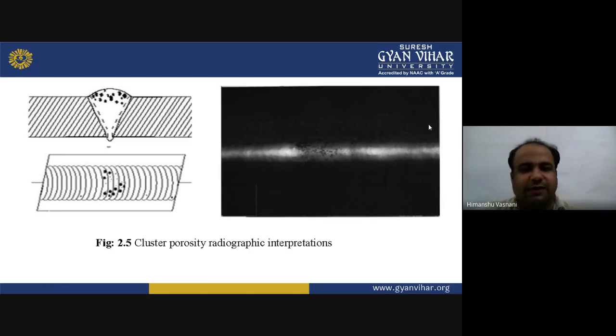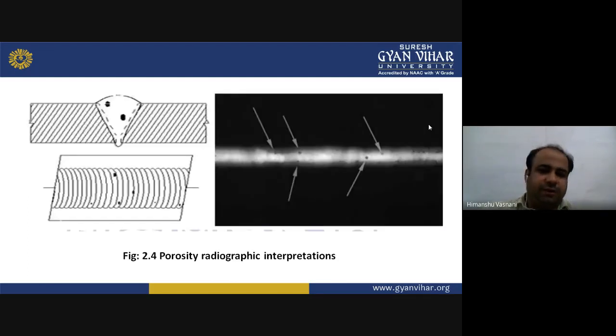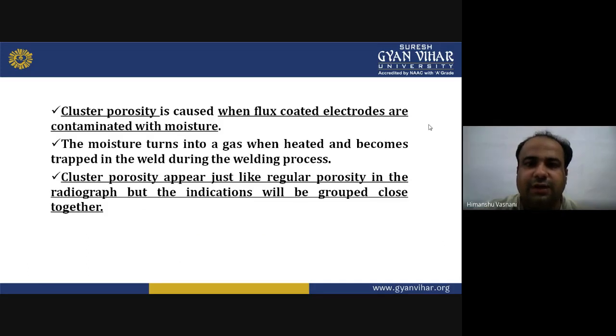This is also gas entrapped at the welding zone, but this is cluster porosity. The inspector should be able to tell whether it is cluster porosity or simple, regular porosity. Both are considered a defect. You can see a discontinuity.